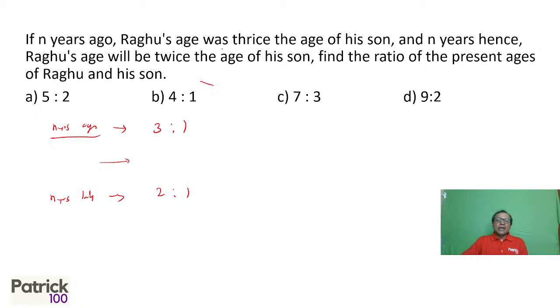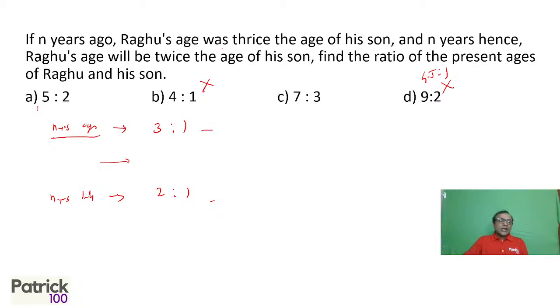So I can eliminate option B and option D, because this is 4.5:1 and this is 4:1. I want somewhere between 3:1 and 2:1, which only options A and C give you. Now let's look at these two options and solve.